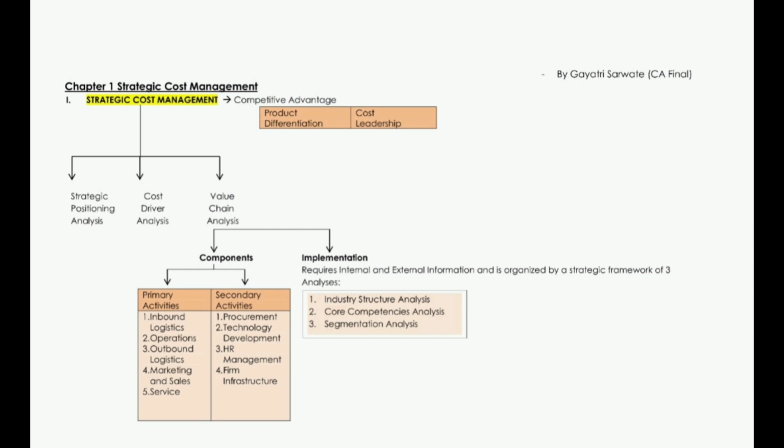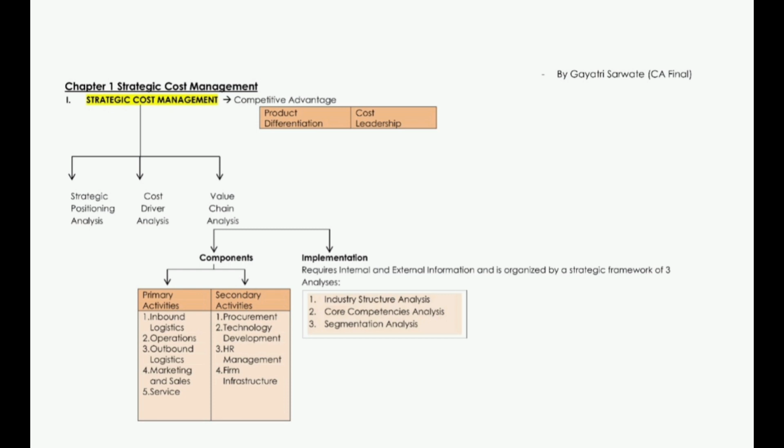And this strategic position is affected by certain factors. Those factors being organization values, internal environment, and external environment. The organization values and the internal environment are much within the control of the entity, while the external environment can be analyzed using models like PESTEL and Porter's 5 forces.